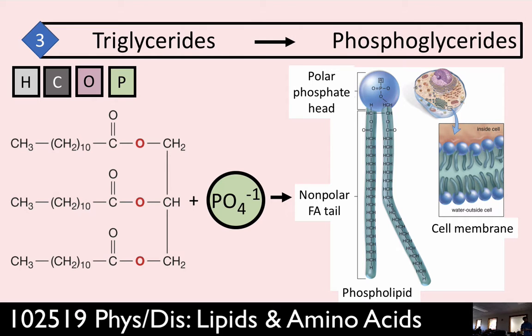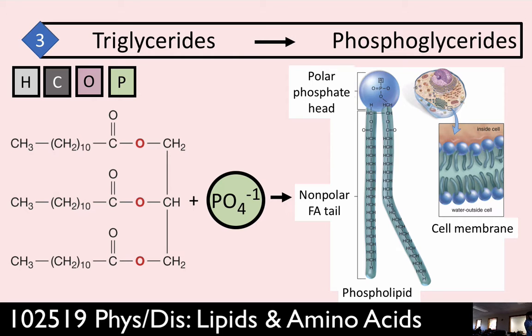But the way you go from a triglyceride to a phosphoglyceride is you take a triglyceride and you add a phosphate group. A phosphate group is a phosphorus-based anion, meaning a negatively charged ion. And the phosphate group displaces one of these fatty acids, basically kicks this bad boy off, and comes in.